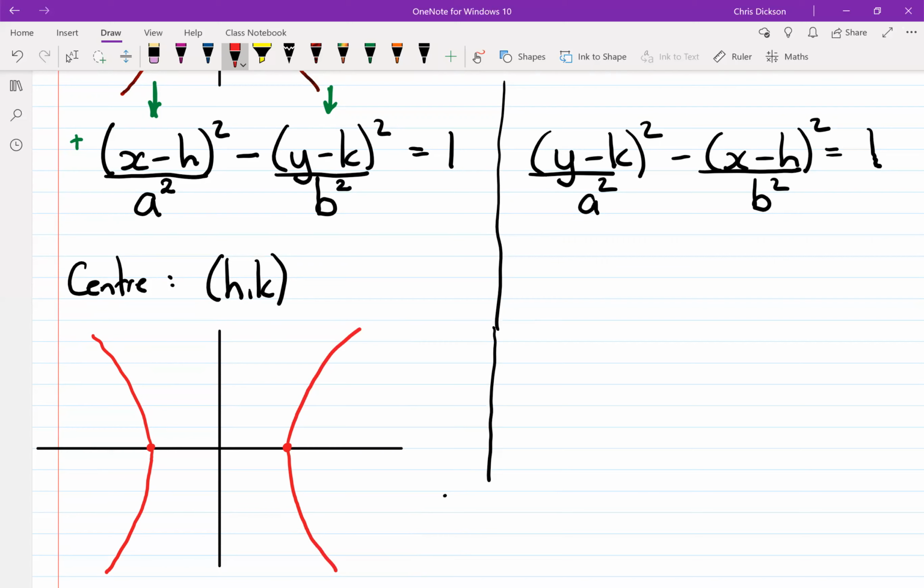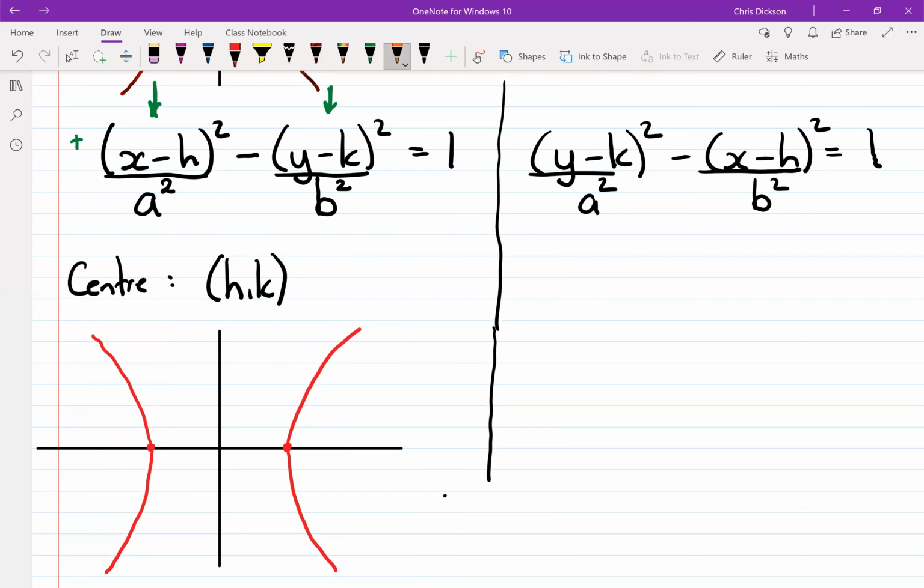Okay, so just some terminology here. Let's make sure I give you the right definitions. The first thing is what we call the transverse axis. The transverse axis is the axis that runs between the two vertices of the hyperbola. Let me just draw that in for you guys.